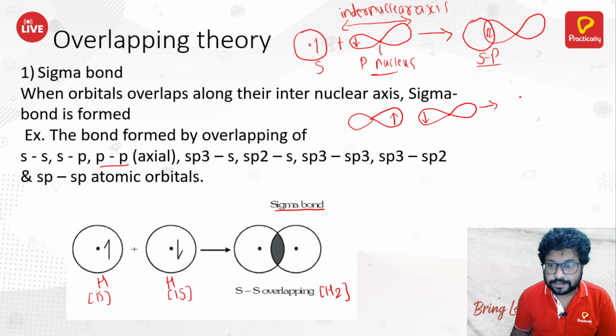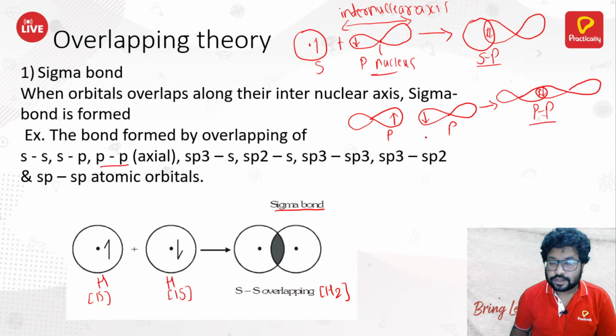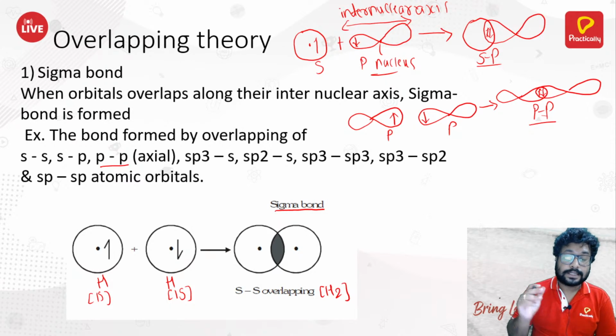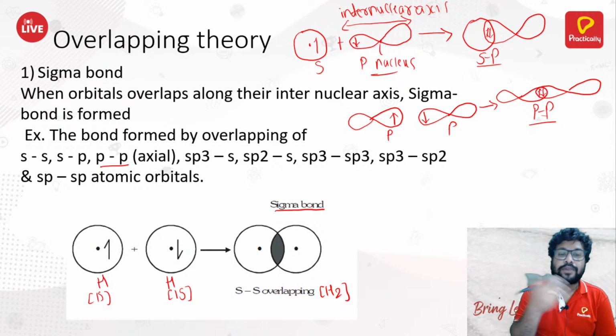Both of them overlap like this. And that's how you get the PP overlap. So this is the internuclear axis. Okay, this is axial overlap. Sideways or lateral overlap, that we will see later on.